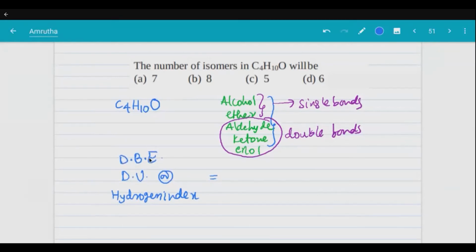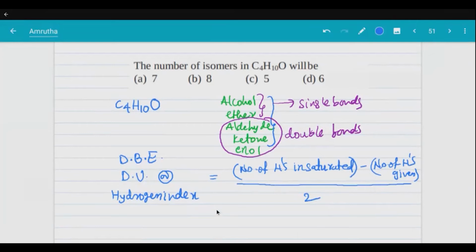There are many names for this: double bond equivalence, DBE, DU, degree of unsaturation, hydrogen index. So this is basically the number of hydrogens in the saturated compound minus the number of hydrogens given, divided by 2.